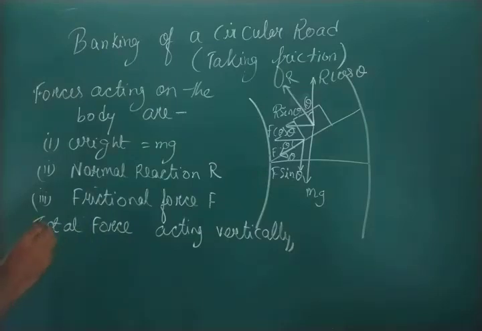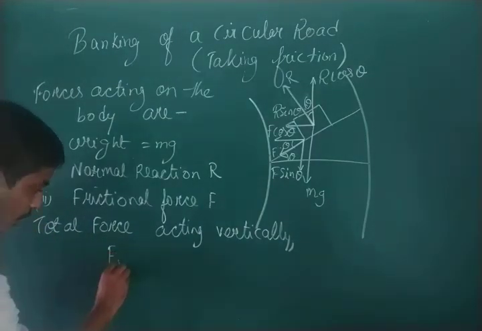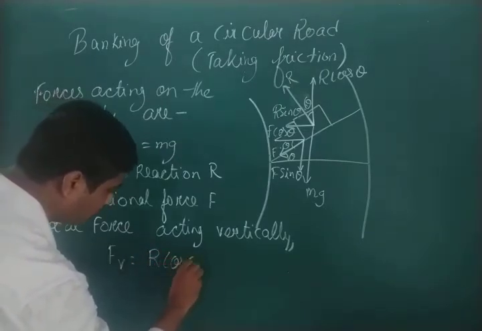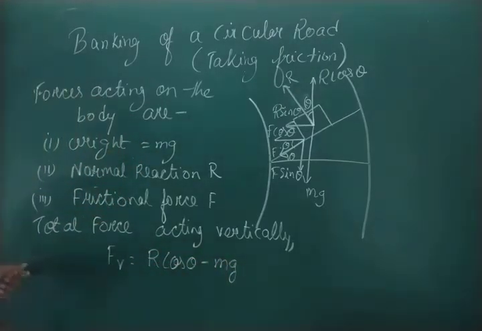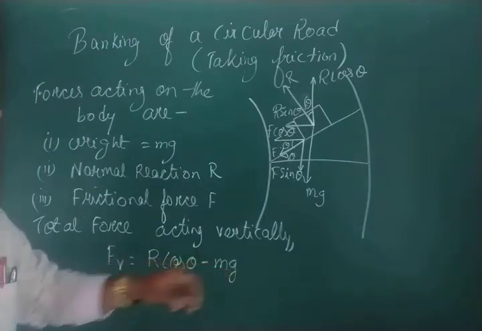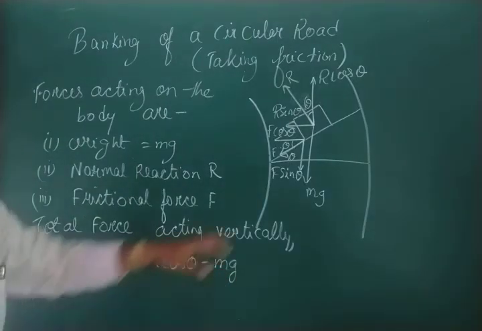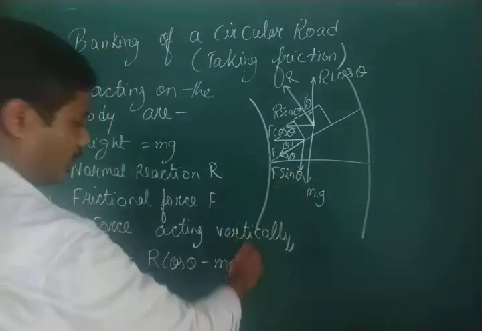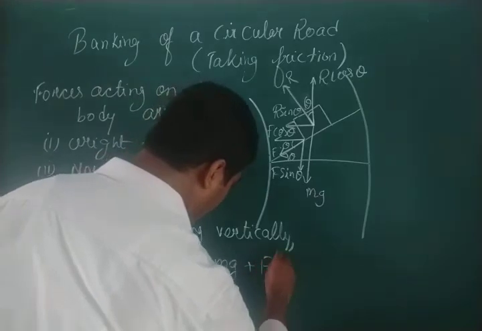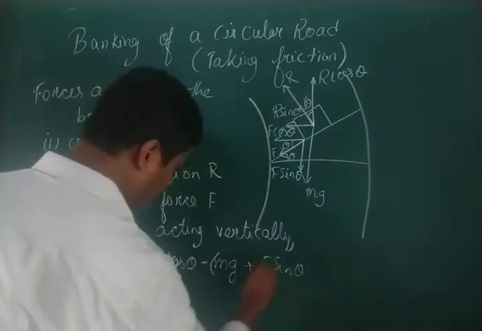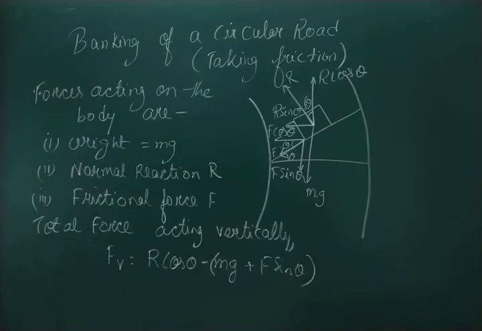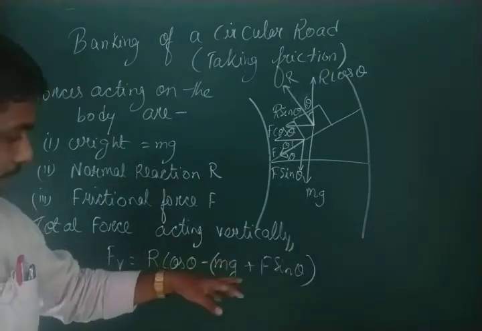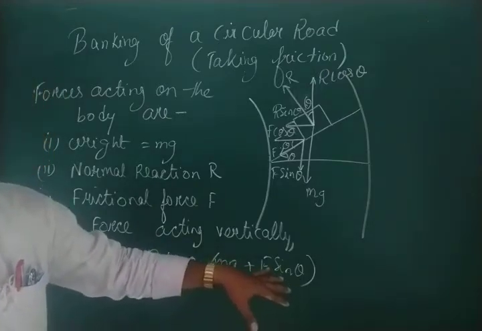So here I can write, force along vertical will be equal to R cos theta minus mg. Similarly, one more force is acting along the vertical direction, that is plus F sin theta. So in total three forces are there: R cos theta minus mg plus F sin theta.